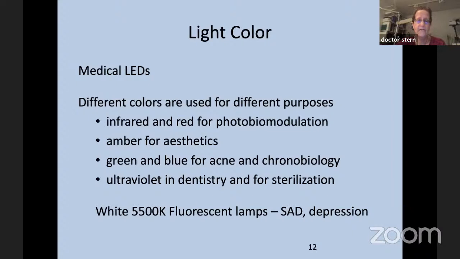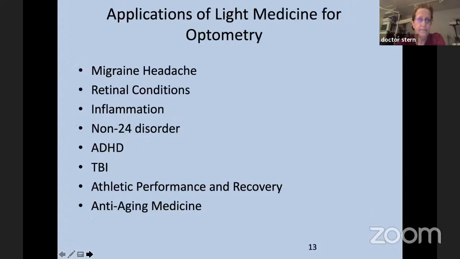And 5,500 is a much brighter white you tend to get from fluorescent and of course now LED. And we know that that bright light at the proper time of day can help with what's called seasonal affective disorder, something that we have here more in the winter when we have less sun, and depression.